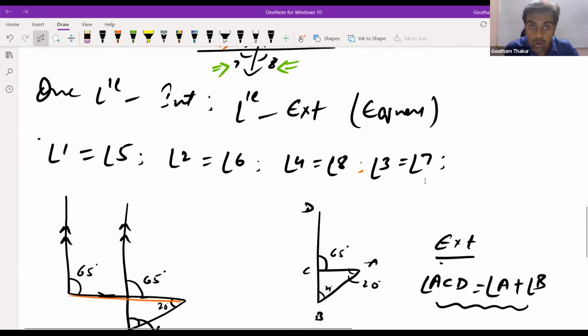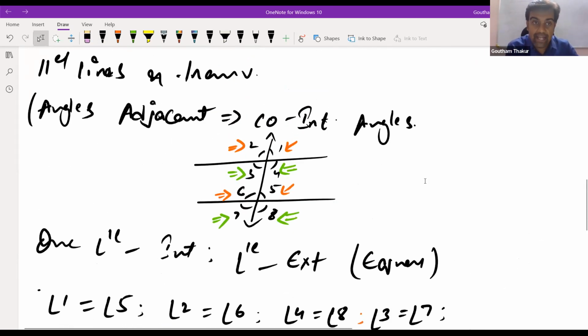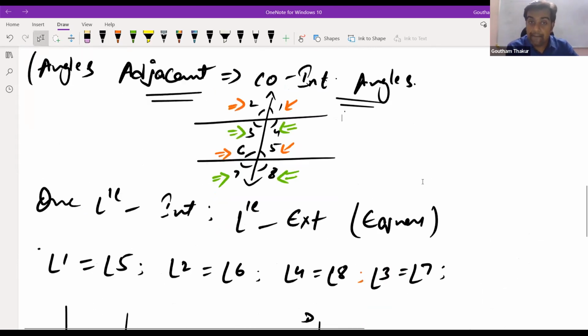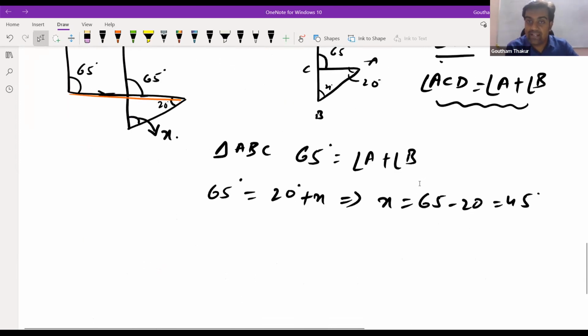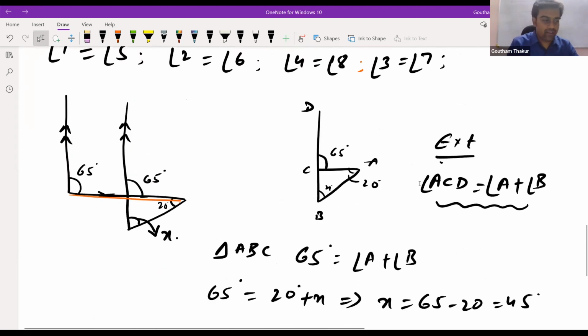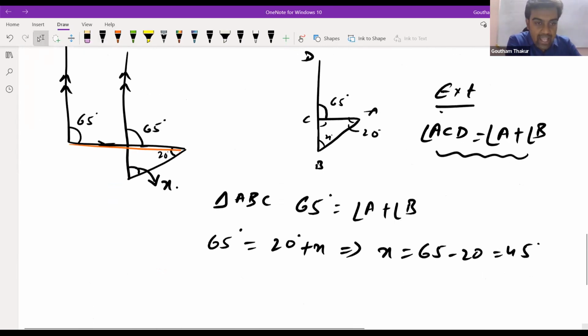So we learned one more concept: co-interior angles, adjacent angles, are supplementary. Co-interior angles sum to 180 degrees. Let's use that. Angle C can be calculated as 180 degrees minus 65 degrees.